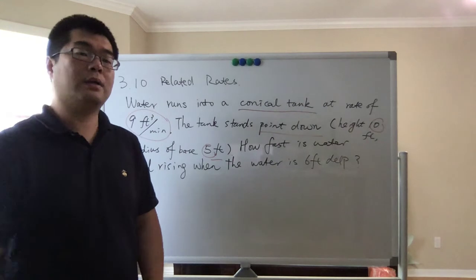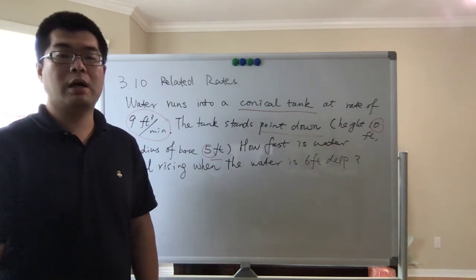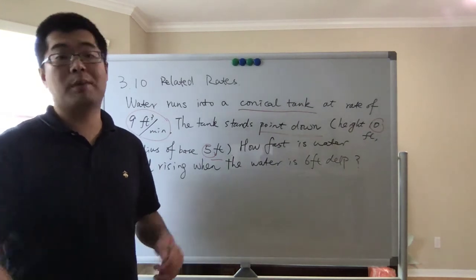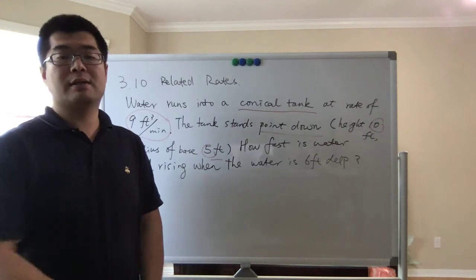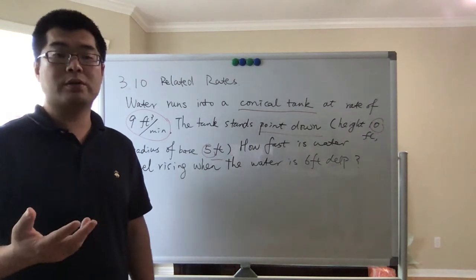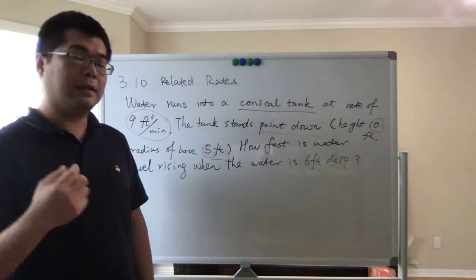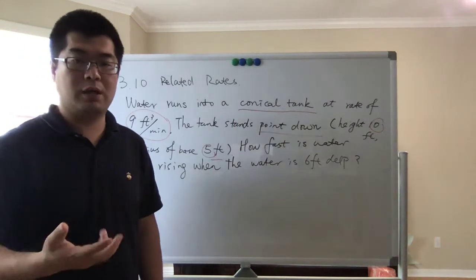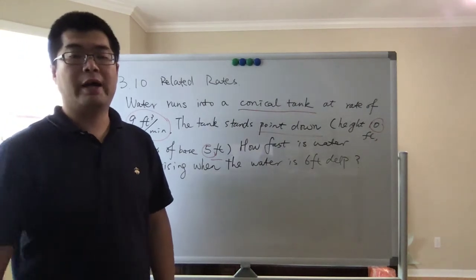The best way to start this problem is to draw a picture, and then label all the given information, try to link what you already know, and then form an equation.